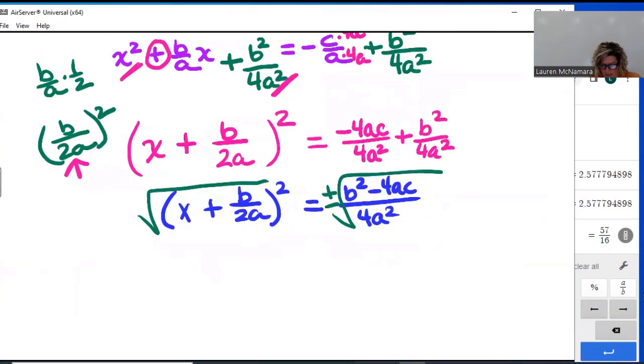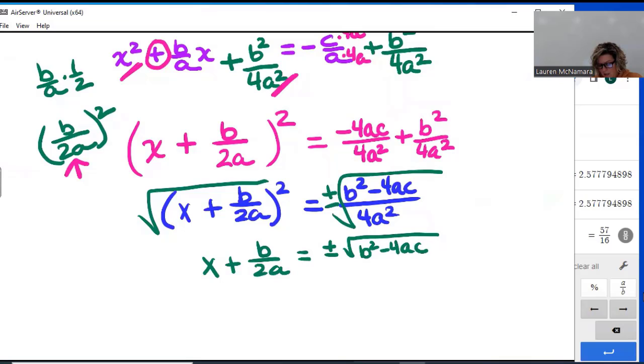So now I have x plus b divided by 2a is equal to plus minus the square root of b squared minus 4ac, all divided by, take the square root of the denominator, 2a. The square root of 4a squared, because that's all underneath that square root. You have to make sure that you take the square root of that denominator so that you don't leave a radical in your denominator.